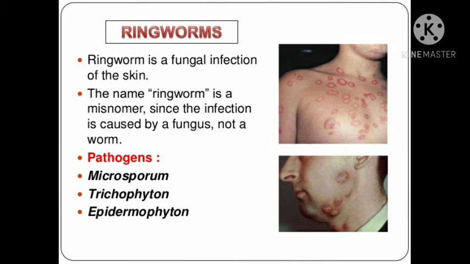The fungi which are responsible for this disease are of three different genera: Microsporum, Trichophyton and Epidermophyton. Let us look at the symptoms and mode of transmission of this particular disease.